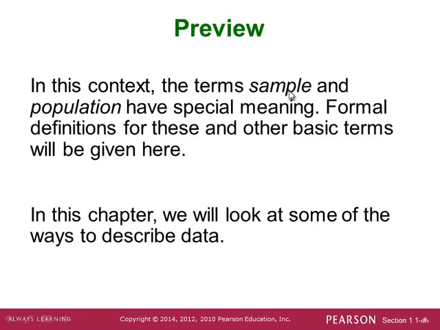And we're going to, again, take a look at what exactly is a sample and what is the population, because they have very specific meanings in the context of this course. And we're going to also take a look at how to describe data.